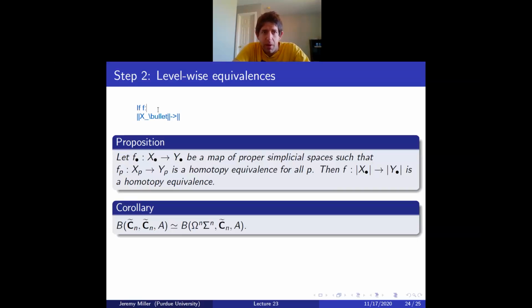So if f star from X_p to Y_p is a homotopy equivalence for all p, then you get a homotopy equivalence on thick geometric realizations, without any assumptions. So that's one way in which the thick geometric realization is nicer.